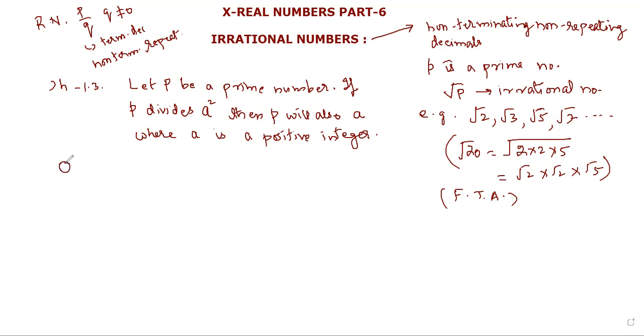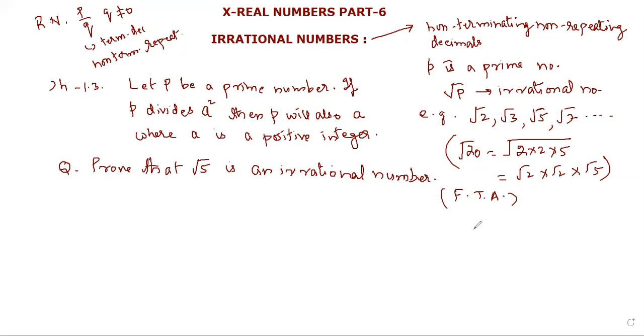So our question is: prove that root 5 is an irrational number.